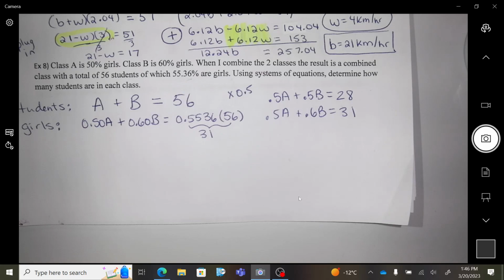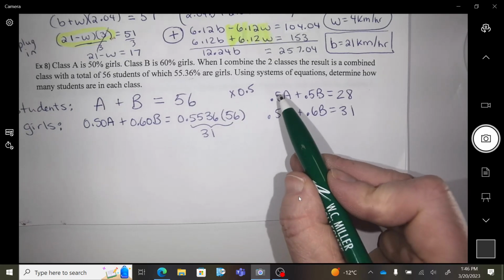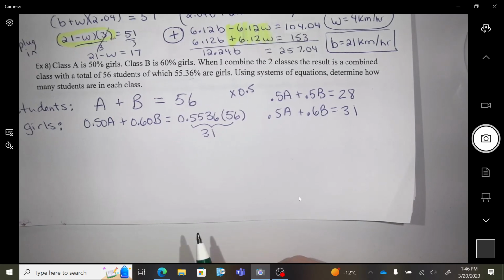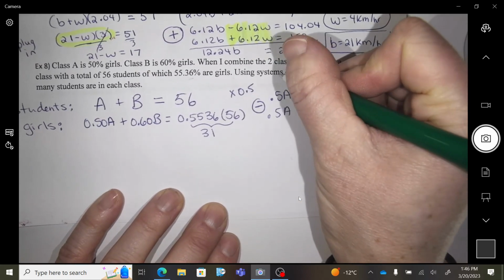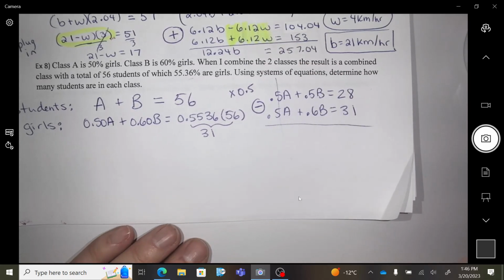So we matched the A's to be the same. So how do you want to get them out of there? Do you want to add them together or subtract them? How would they disappear if you added those numbers or subtracted those numbers? Subtract, gone.